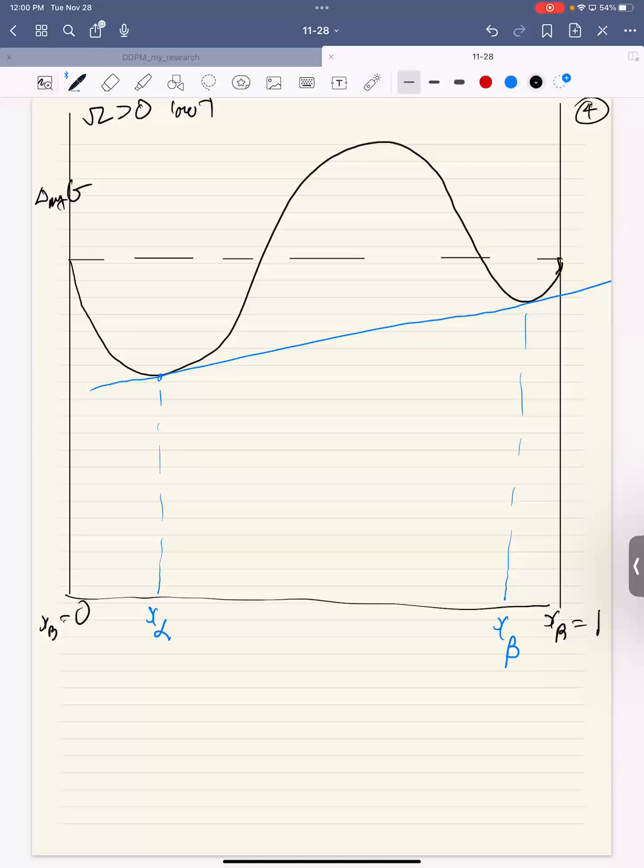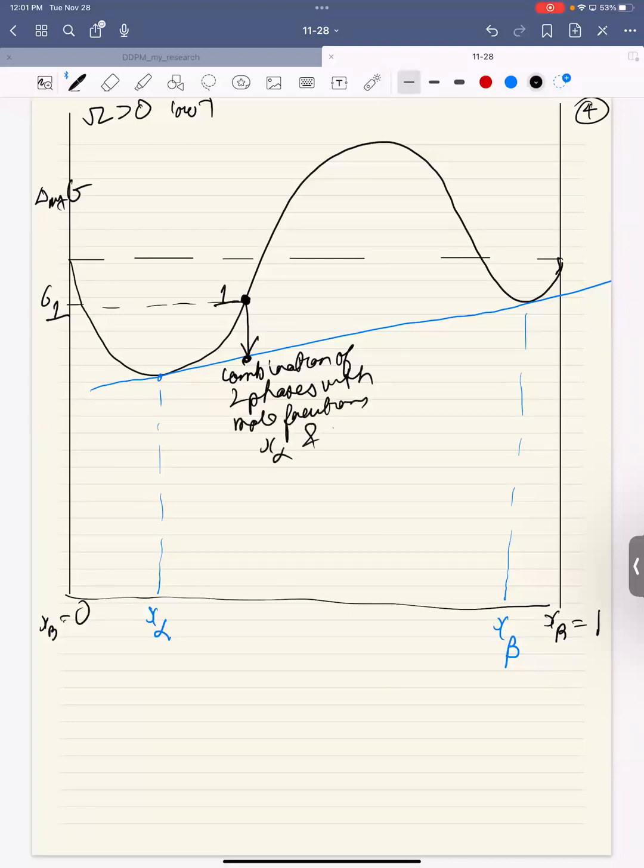Now, if I am at point 1, where my free energy is G1, I would be better off dropping down from here to this point, where I split into a combination of two phases with mole fractions X alpha and X beta.